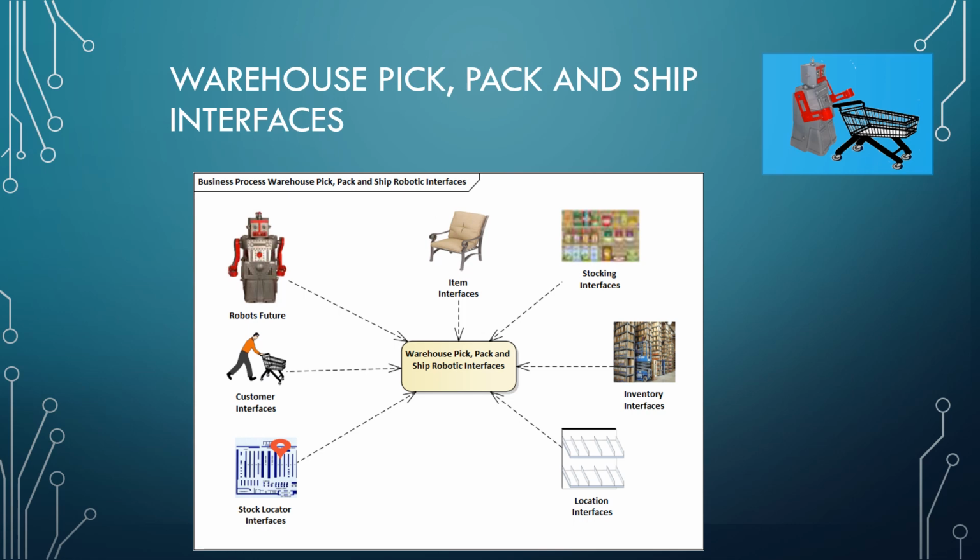What are the locations of those things to be able to drive around to get them, and then locate them in the stock locator, and finally interfacing with the customer for finding out what the customer desires, first off with their pick list, and being able to pack the items that they prefer.